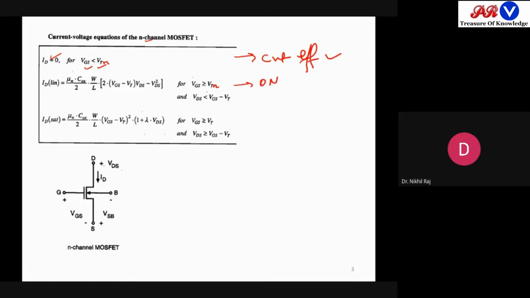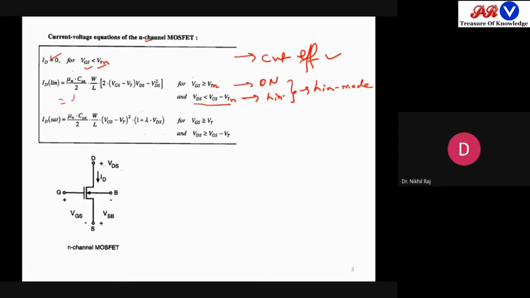Once it is in the on condition, we go for the second check, the VDS check. If VDS is less than VGS minus VTN, this means it is in linear operation, so effectively I will say it is linear mode. In the linear mode, the equation will be half mu n Cox W by L into 2 times VGS minus VT, VDS minus VDS square.